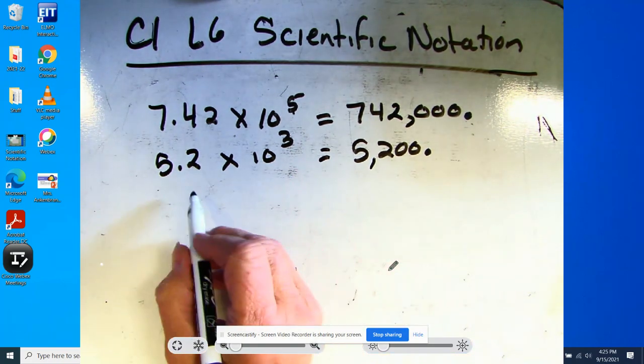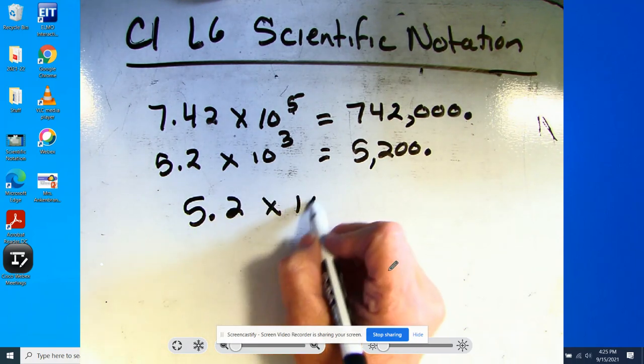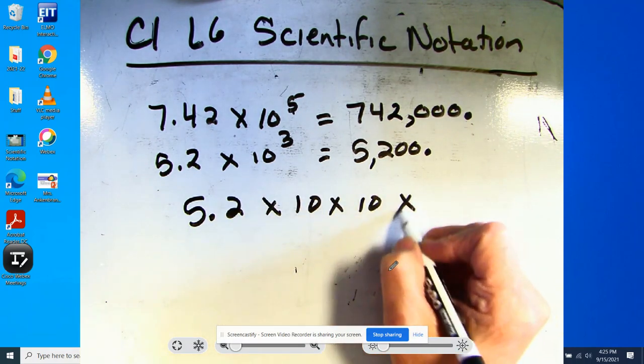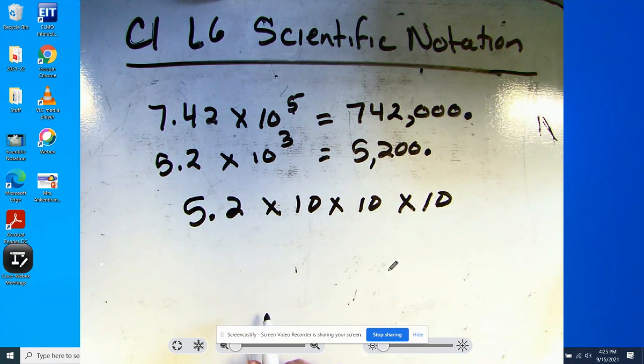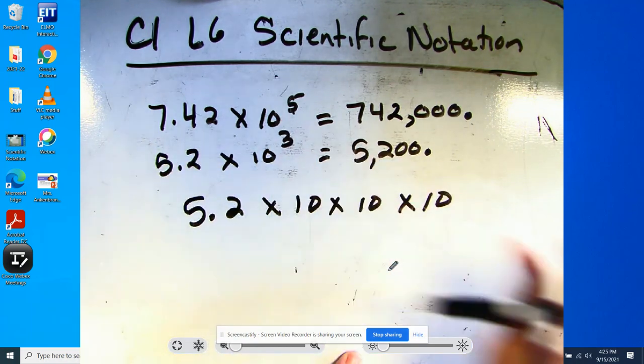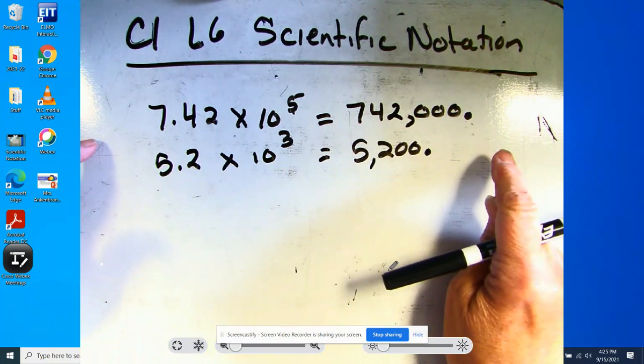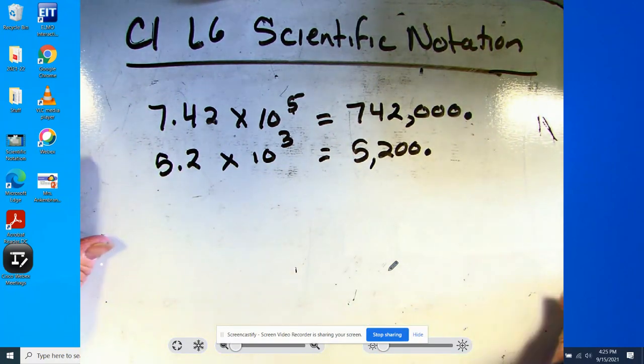So what you're looking at here is 5.2 times 10 times 10 times 10. This one is 7.42 times 5 tens. So we know our number gets bigger because we're multiplying by tens.